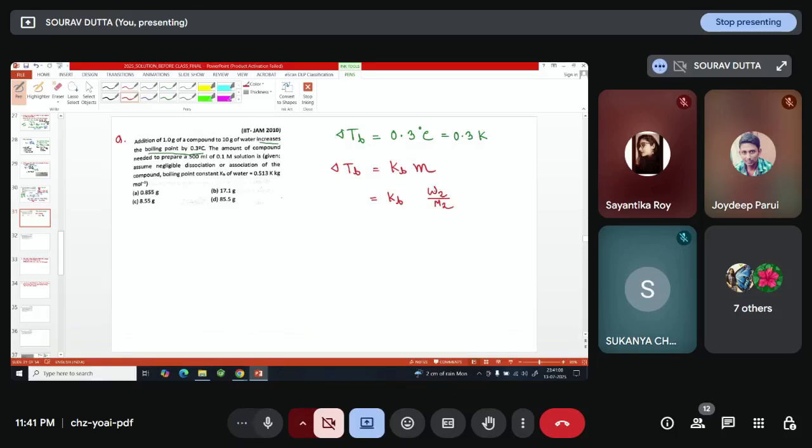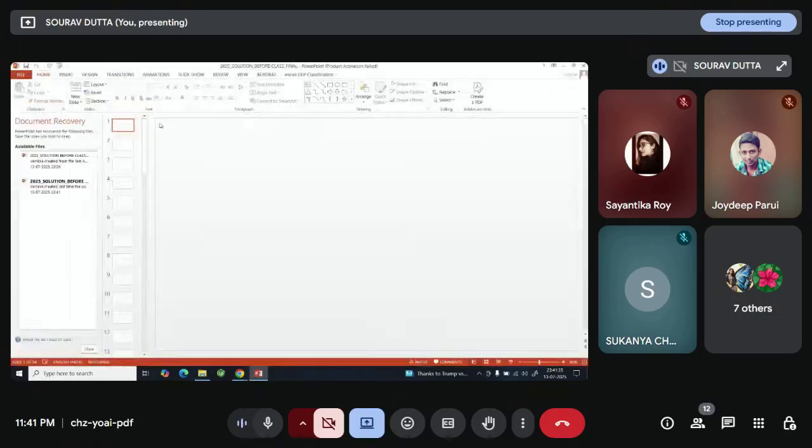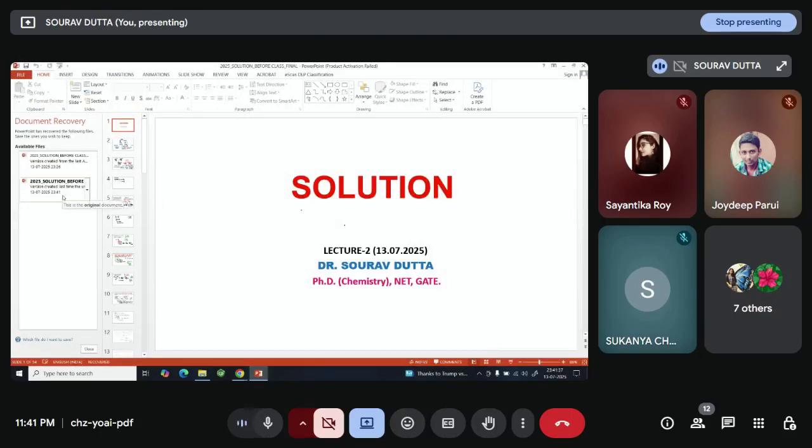In case of mole number I write mass by molar mass, w2 by m2, or mass of the solvent in kg. If your w1 is in gram unit, then you will convert it into kg, you have to divide by 1000.